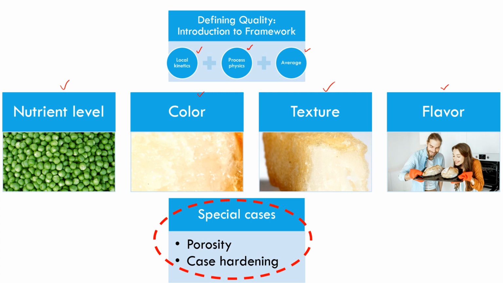It may need just a small part of it. So these are special cases, and I want to share two of those. One is porosity and the other is case hardening. Those are certainly measures of quality, and we will see how we would be able to predict them mechanistically.